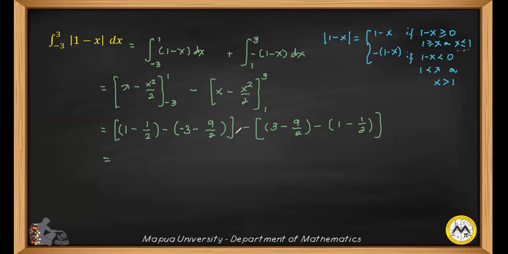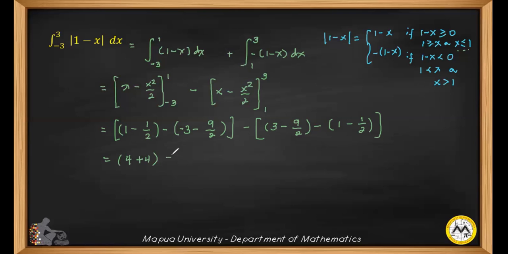If we simplify this, we will have 1 minus minus is positive, so 1 plus 3 will give us 4. Then we have -1 minus minus will give us positive, so -1/2 plus 9 over 2 is 8 over 2, which is 4.